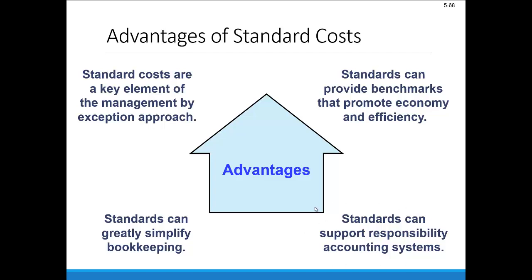Again, as we spoke about with regard to production managers, purchasing managers, and so on, if we have different standards for different things, standards for prices, standards for usage or quantities, it helps us assign responsibility to those potential exceptions. Who's our first point of contact when something does trigger a variance?